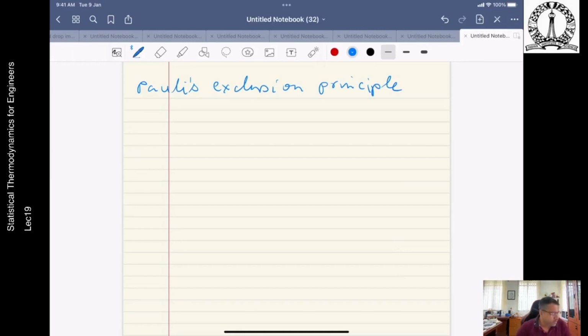As the name suggests, it was developed by the German physicist Wolfgang Pauli, who was also known as the conscience of physics. The principle directly follows from the symmetry requirements of the wave functions that we just covered in the previous lecture. Now, to rationalize this, let us consider a system of independent particles.